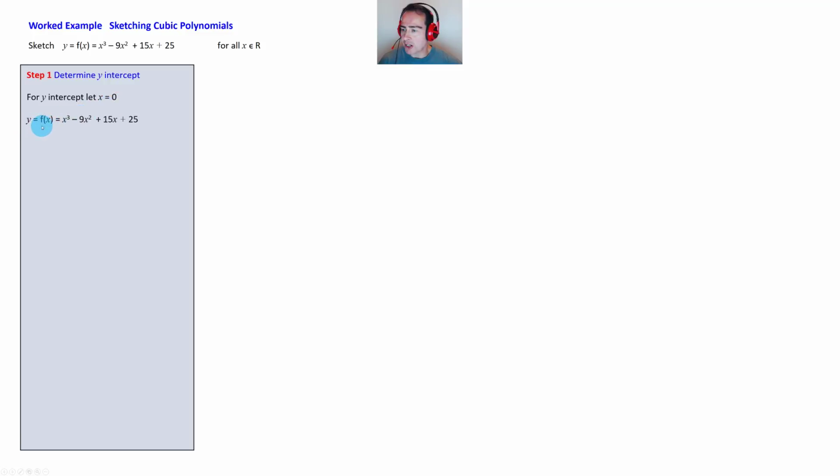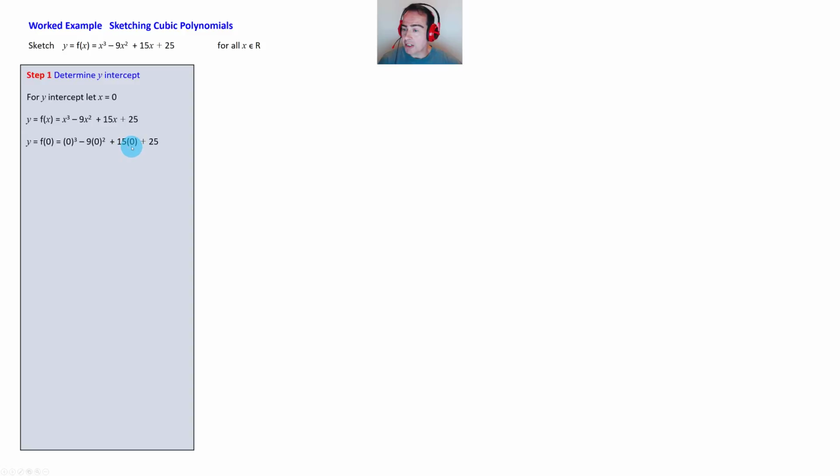Using this function notation where the x value is substituted for any number, we replace x here with 0 in the brackets, and that notation means replace x wherever it appears on the right hand side in the expression with the same value 0. So writing this down, y equals f of 0, 0 cubed minus 9 times 0 squared plus 15 times 0 plus 25.